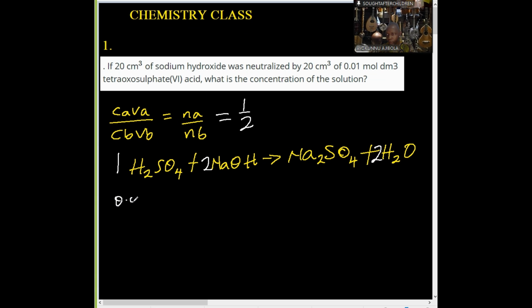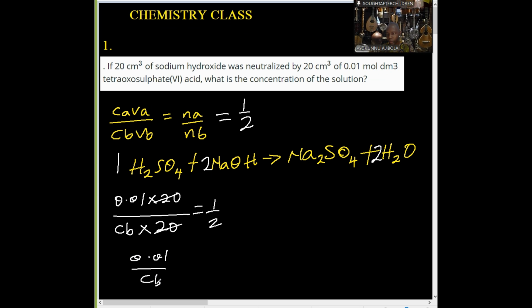That means 0.01 times volume, which is 20, over CB that we are looking for times the same 20, which is 1 over 2. So 20 can cancel 20, then you have 0.01 over CB equal to 1 over 2. When you cross multiply, you have CB equals 2 times 0.01.